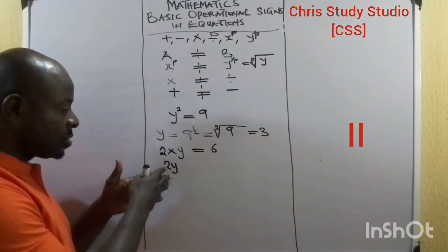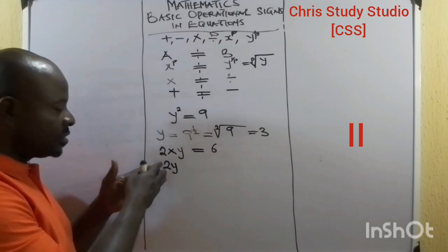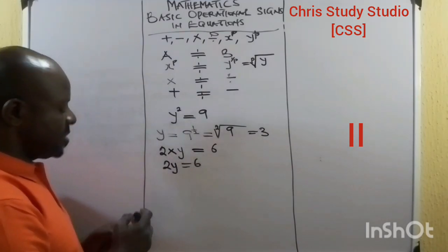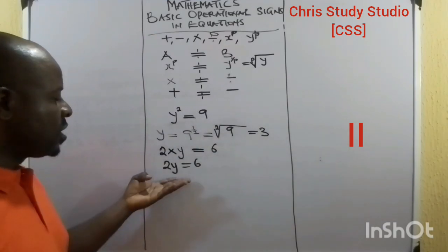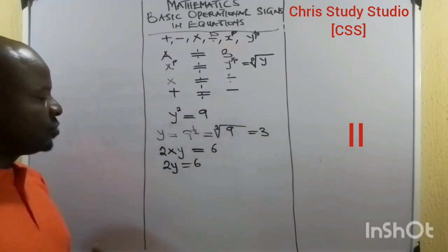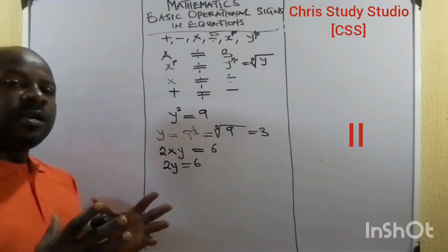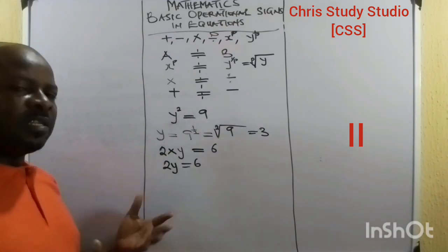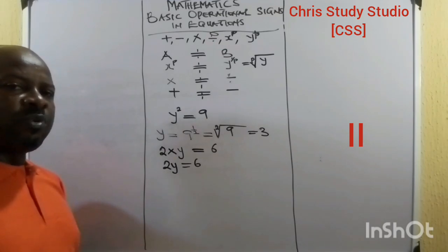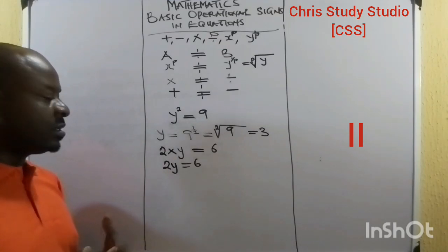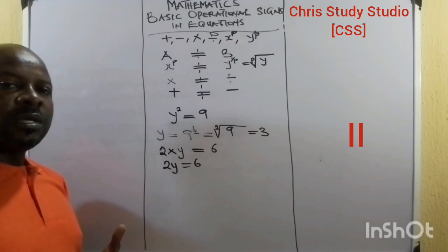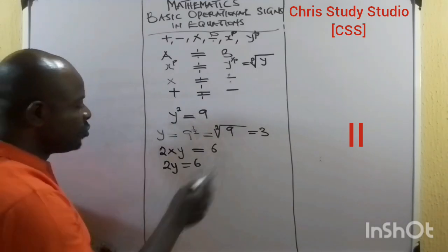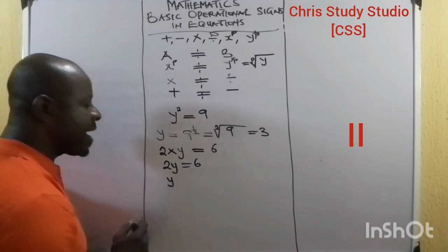So 2y equals 6. By this, we may be asked to solve for y, meaning they want y to stand alone, and 2 is in its way. So the question will be, what is the relationship between y and 2? And the relationship between them is what? Multiplication. If we remove 2, we will now have y.